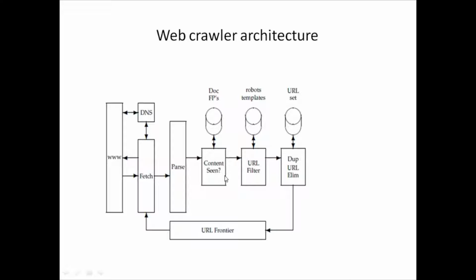Then there is a content seen module, a URL filter, and a duplicate URL eliminator. In the case of the content seen module, there are some inputs from the document fingerprints. In the case of the URL filter, there are some inputs from the robots templates. And in the case of the duplicate URL eliminator, a URL set is given as the input.